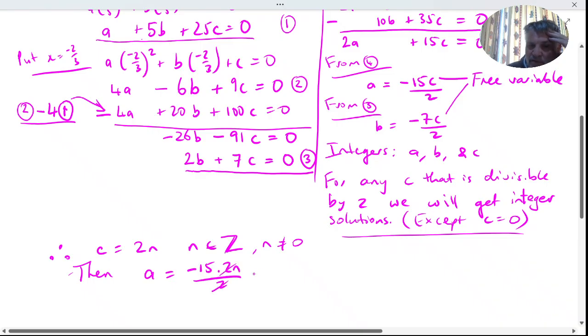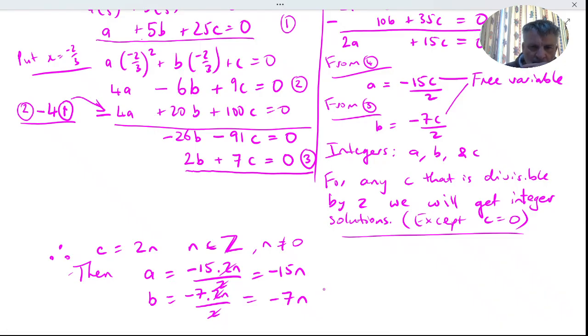The 2's cancel, as I indicated, so minus 15n. b equals minus 7 times 2n over 2. 2's cancel, so minus 7n. And c is equal to 2n.